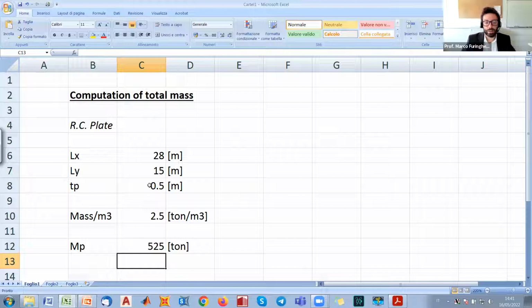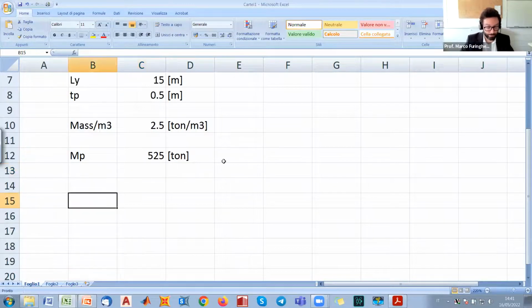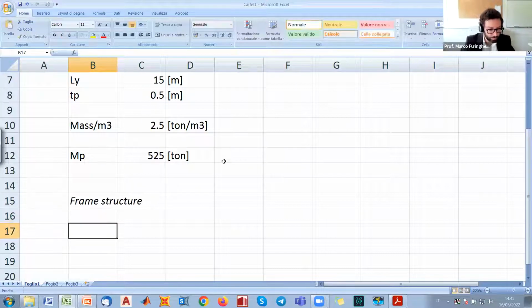Now let's try to compute the mass of the frame structure. We can compute the mass of a single story, and then multiply it by the number of stories.